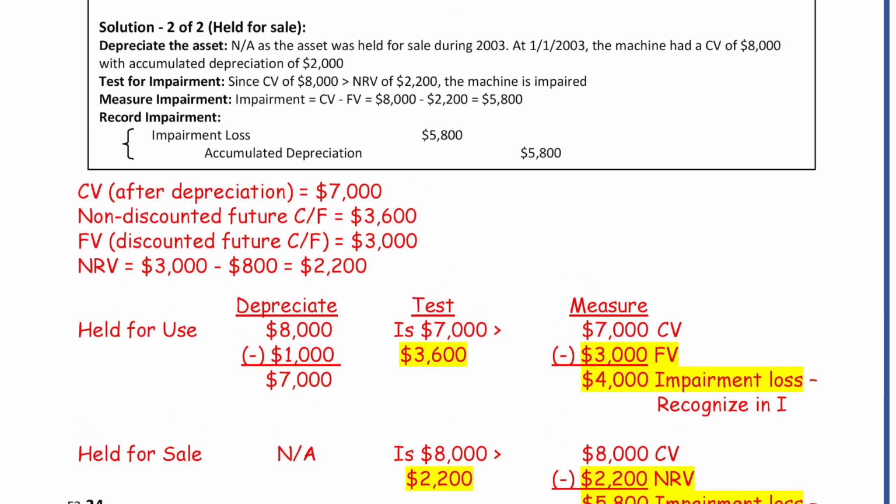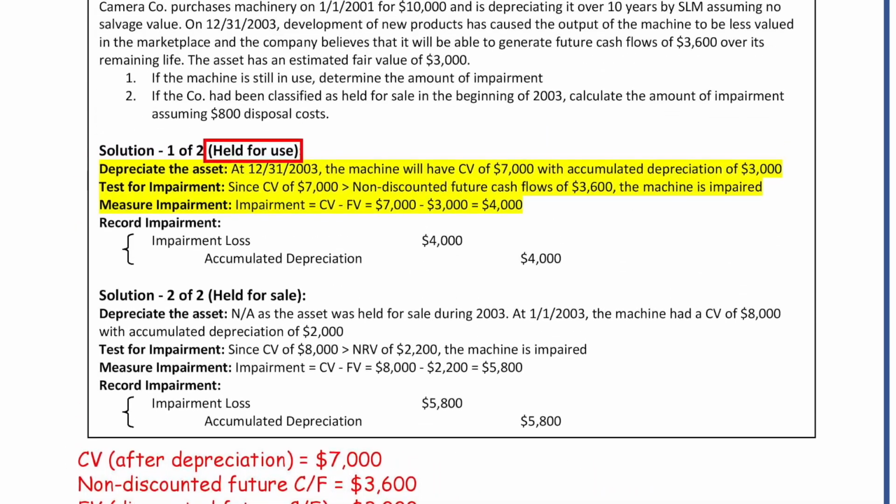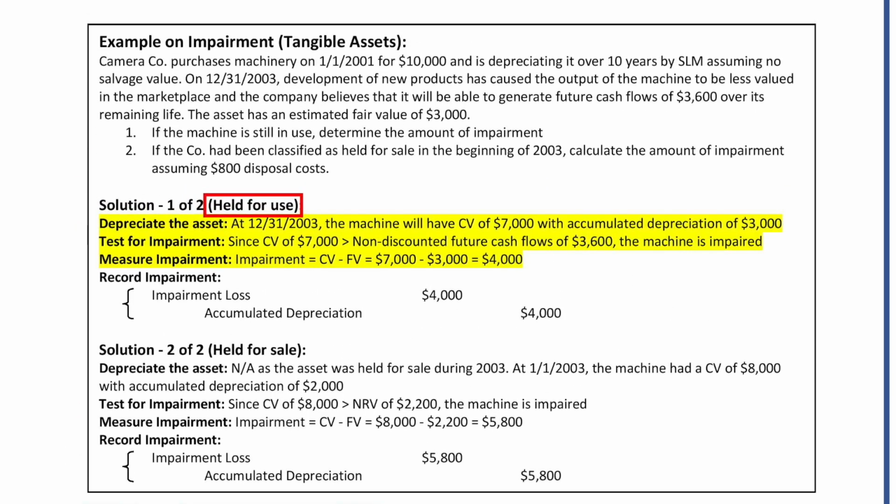Okay, now go back up again where we have solution 2 of 2. Put a box around held for sale. Highlight depreciate the asset, not applicable, as the asset was held for sale during year 3. As of beginning of year 3, the machine had a carrying value of $8,000 with accumulated depreciation of $2,000. Highlight test for impairment.